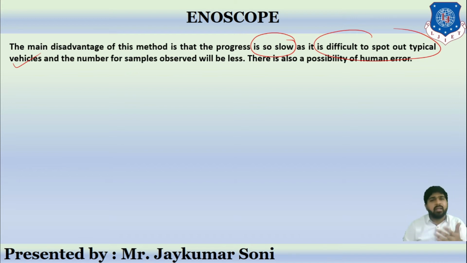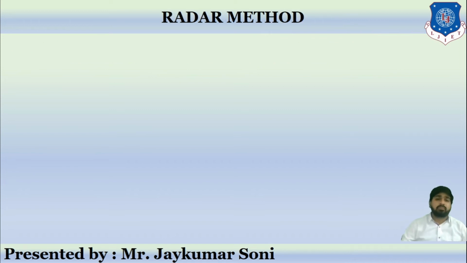Only one, two, three vehicles can be used. If the number of vehicles increases, we have to increase the number of people acting as observers. So the number of samples observed will be less. And there is also the possibility of human error. It may happen that the person might forget to start or to stop the stopwatch.